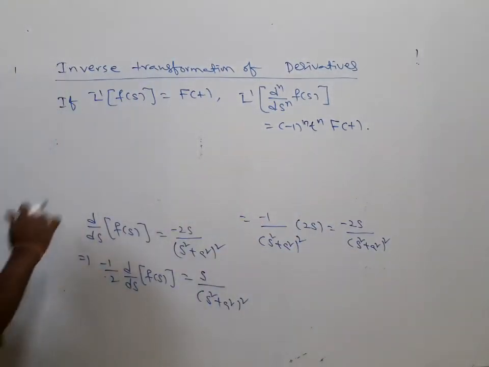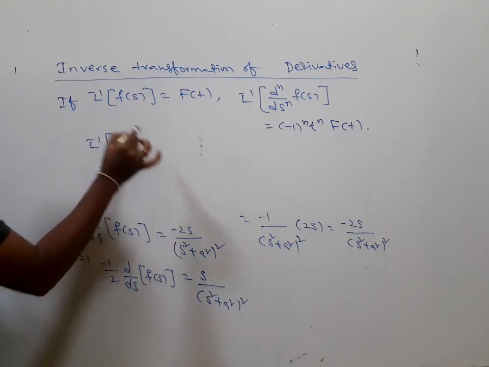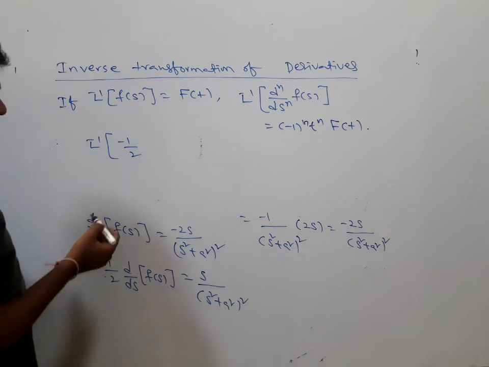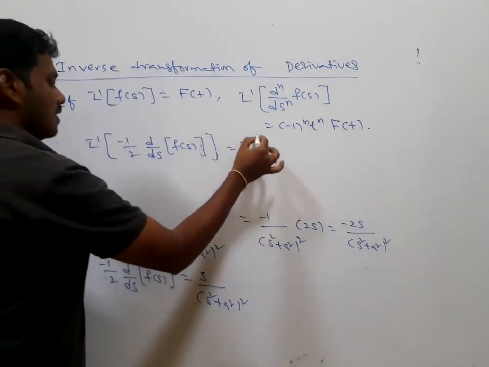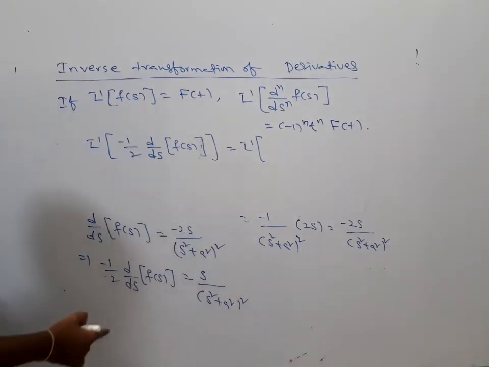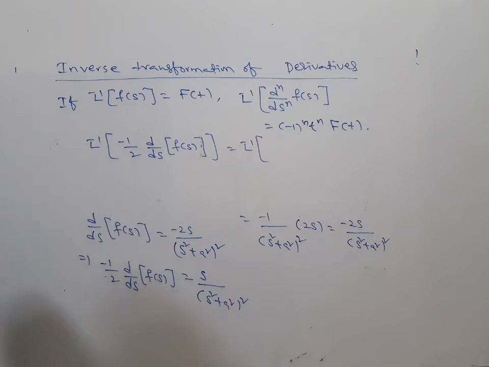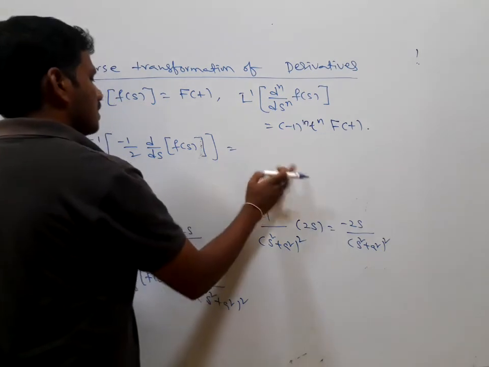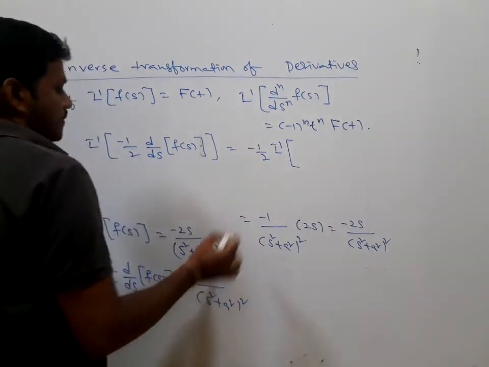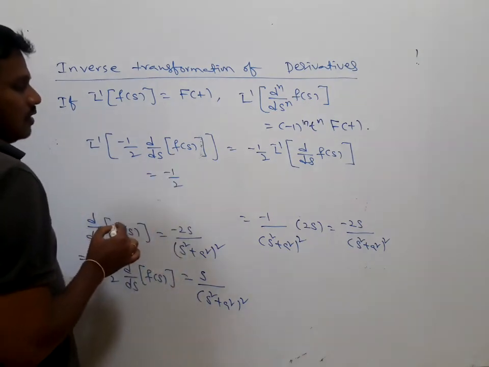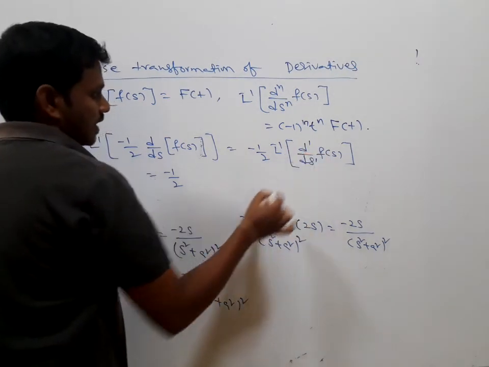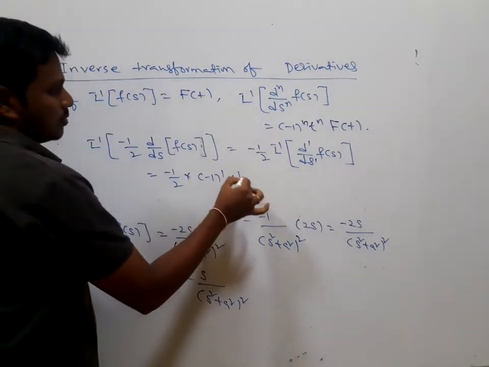Listen, now I am writing the statement: L inverse of minus 1 by 2 into d by ds of f of s is equal to L inverse of, you take out minus 1 by 2 there, minus 1 by 2 into L inverse of d by ds of f of s, which is the same as minus 1 by 2 into, with n equal to 1, minus 1 whole to the power of 1 t to the power of 1 f of t.